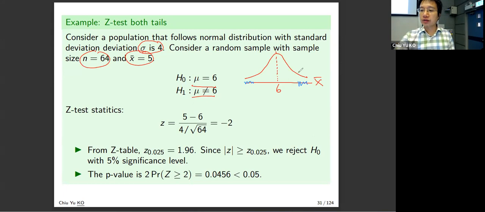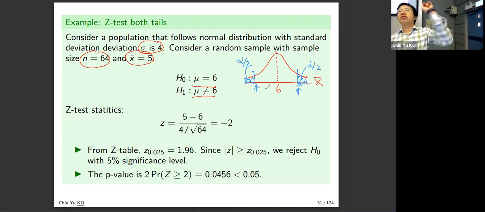I don't know which side, so symmetrically I put alpha over 2 here, alpha over 2 here. Before, it's one-sided, I put all the alpha on one side. Now I put alpha over 2 on both sides. That's the most difficult part here, if you haven't learned it before, a little puzzle.